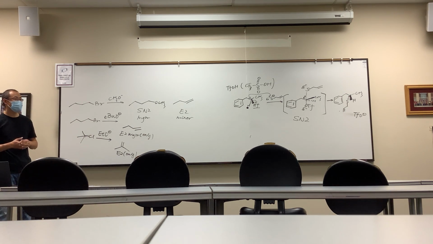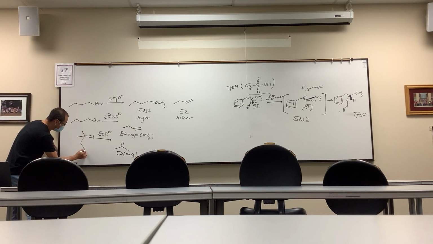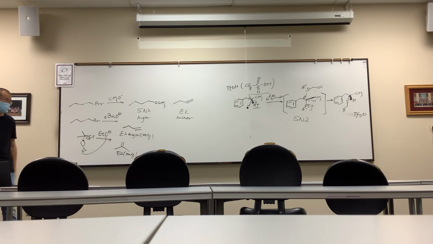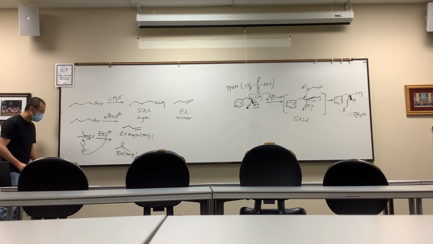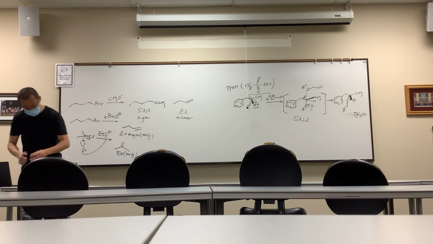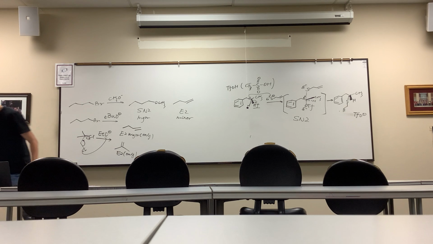Does it make sense, guys? Again, you have to know how to draw the product. For E2, you take the proton, make the double bond, and leave the leaving group. Don't forget the product. I didn't show you how to get the product, but all right, next.